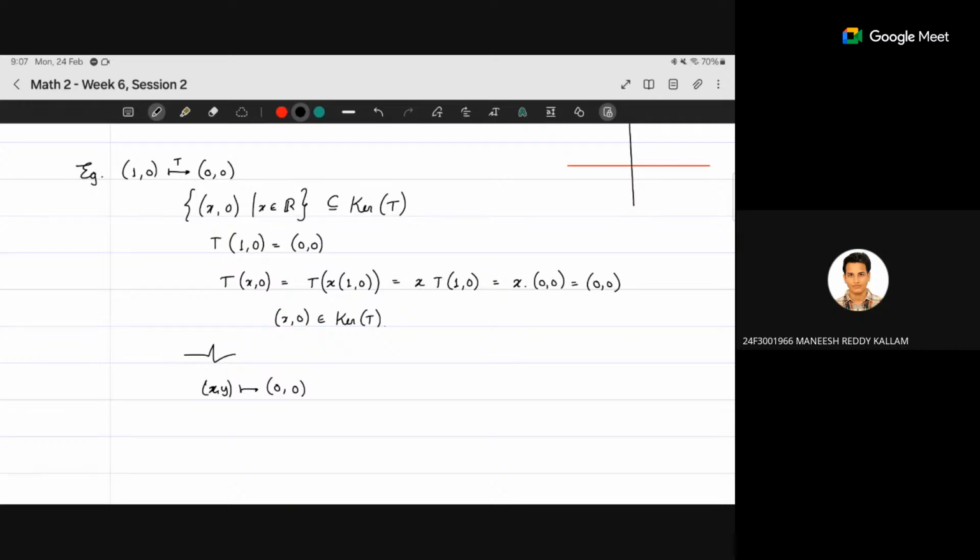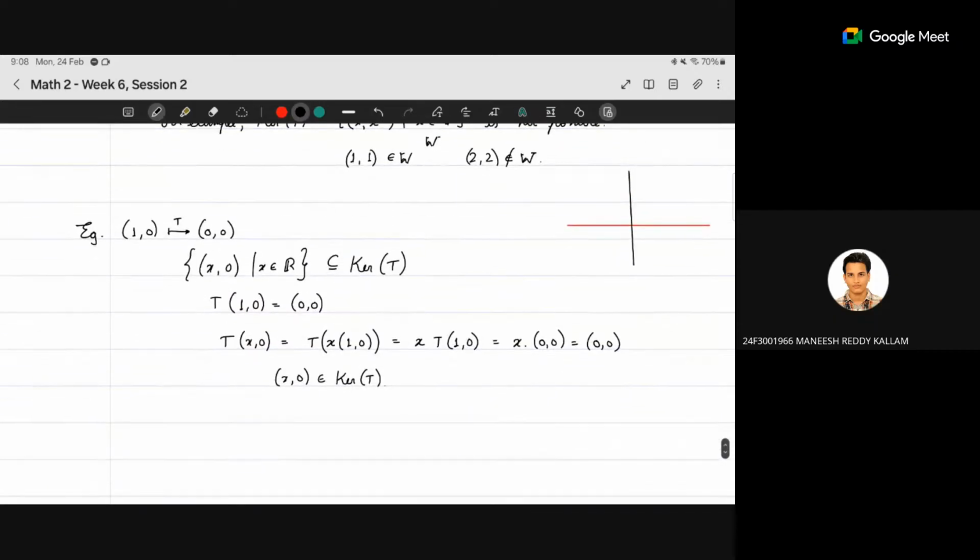It's not even transforming anything, but it is still a linear transformation by definition. This does satisfy your condition that (1, 0) goes to (0, 0). But in this case, the kernel is R2 itself. So the kernel of T could be R2 or just the x-axis. There are examples for both. Is that fine? Yes, sir.